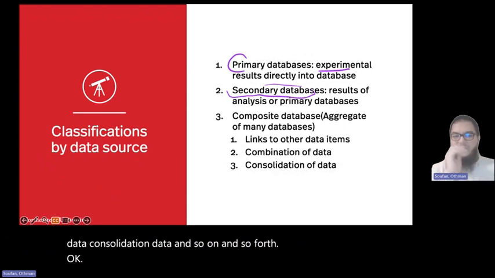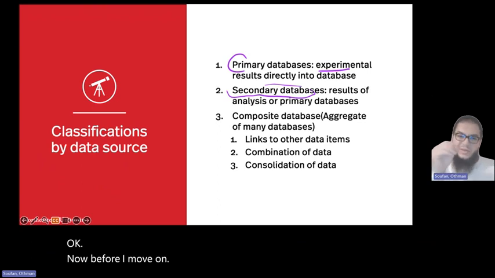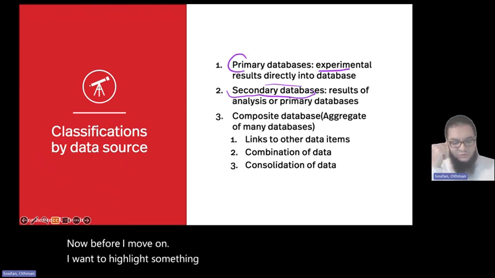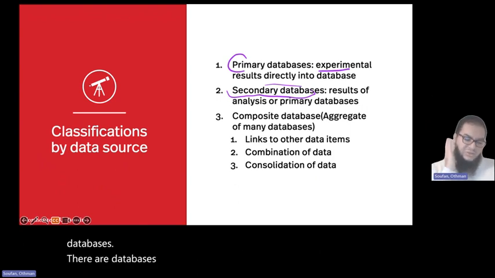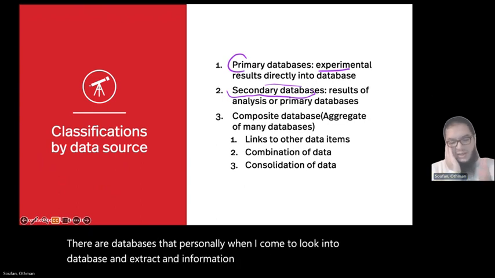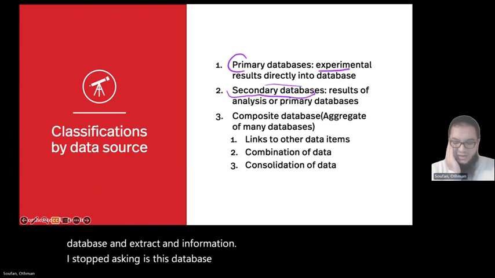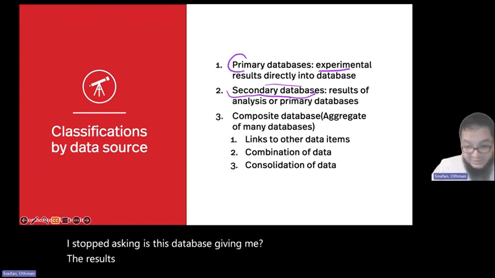Now, before I move on, I want to highlight something in terms of source databases. When I look into databases and extract information, I start asking, is this database giving me results that were curated manually?